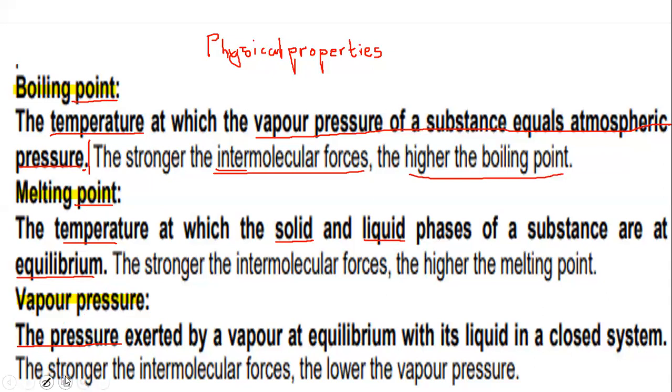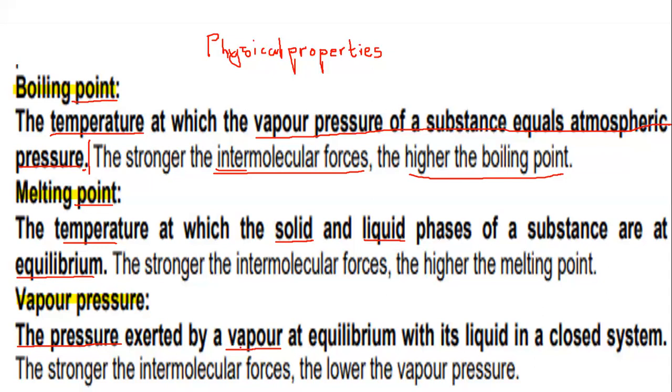So you can't start in any other way except to say it is the pressure. Now, which pressure is that? It is the pressure that is exerted by a vapor, right? Why are we saying it is the pressure exerted by a vapor? Because it is the vapor pressure.